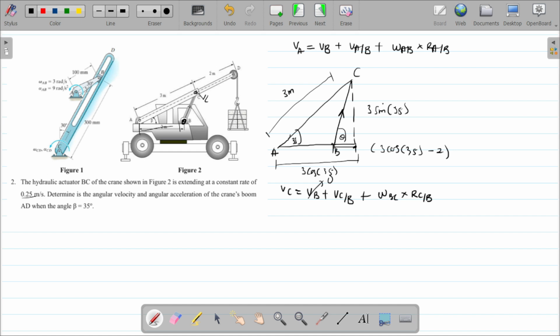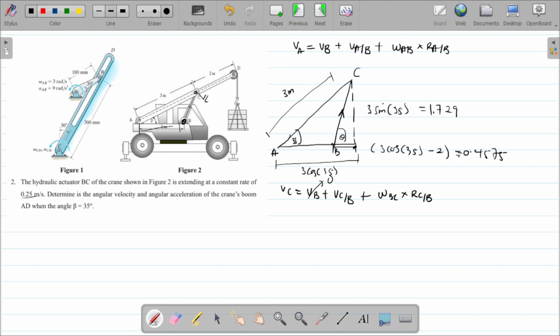We want from B to the end here, so this will be 3 sine 35, which is 1.729, and then 3 cos 35 minus 2, which is 0.4575.